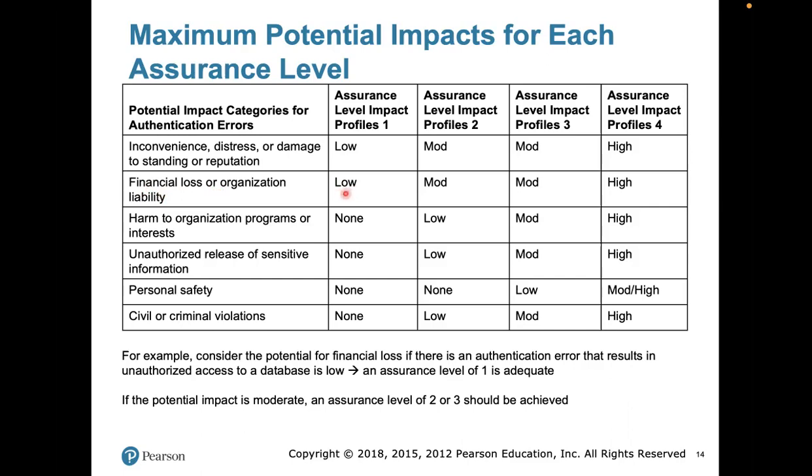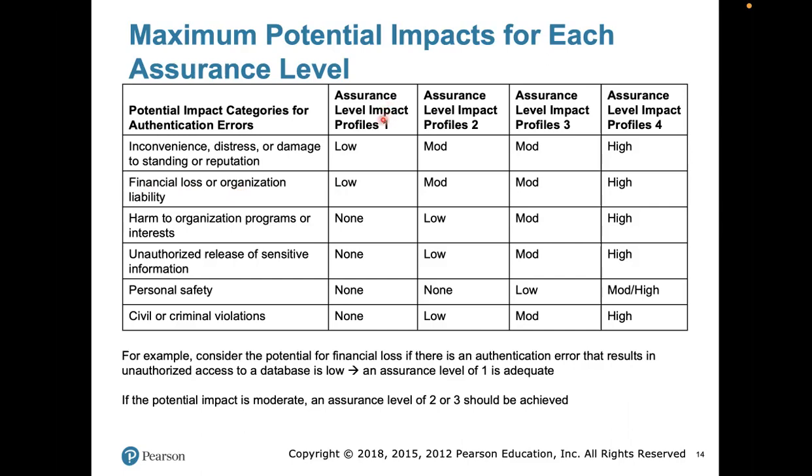It means that it's not going to hurt us that much. So the table says that if that's the case, you don't need to go for assurance level 3 or 4. You can stay on assurance level 1, and that's going to be enough for you. Or we can look at the table another way.